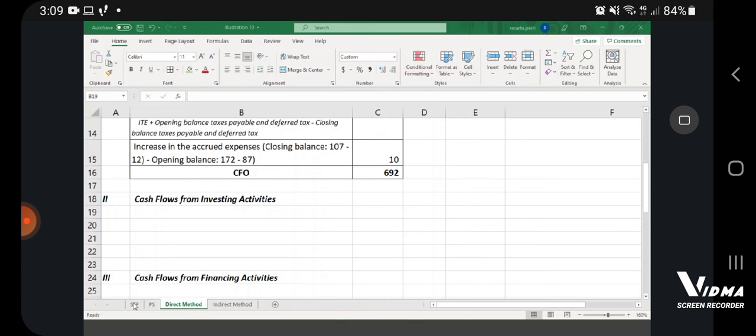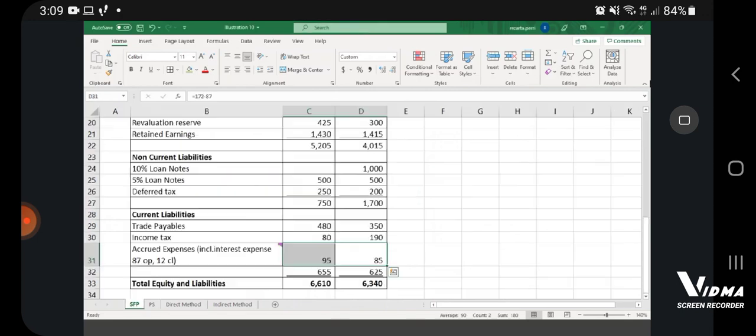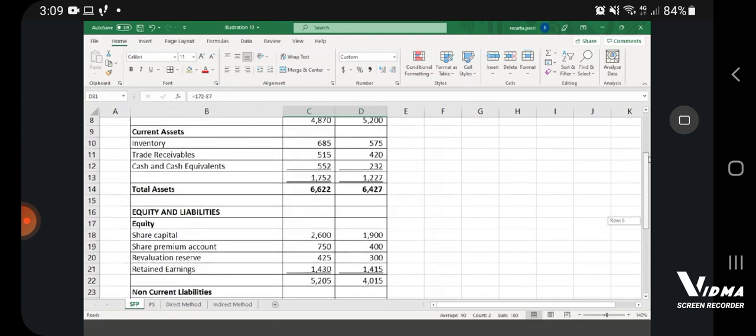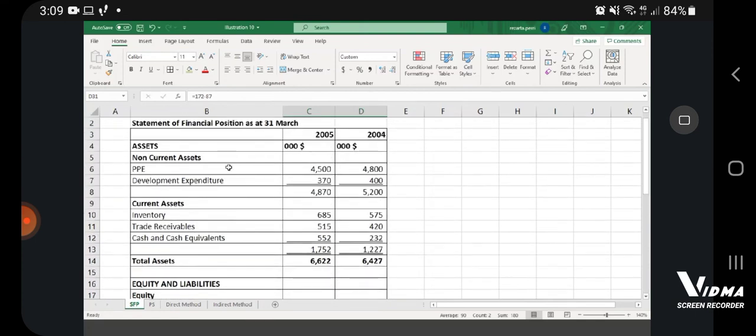As I told you, part of investing activities you will always find to be what has happened that has changed the structure of investment. That is, whatever has happened here in the property, plant, and equipment and development expenditure, I'm putting that in a lighter blue color, will be included as cash flows from investing activities.